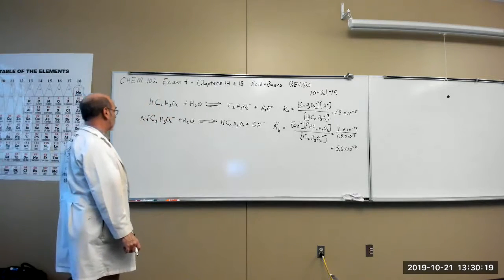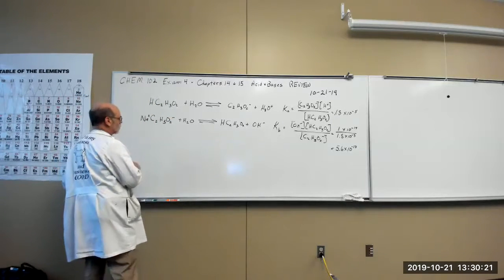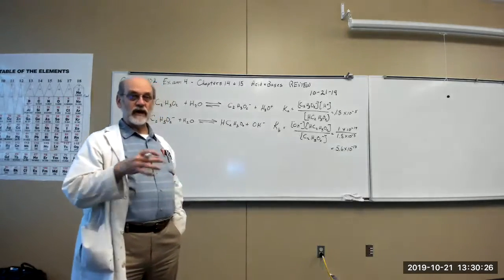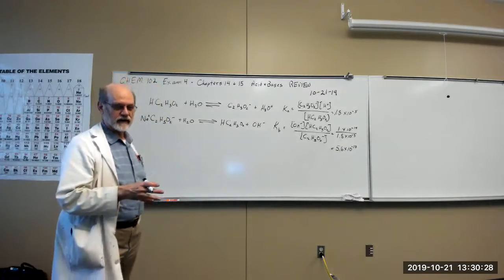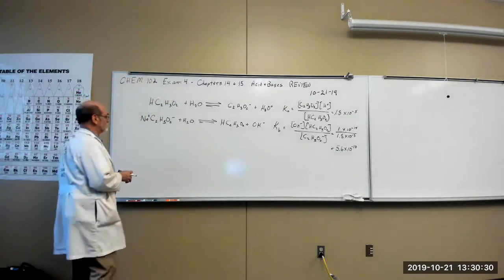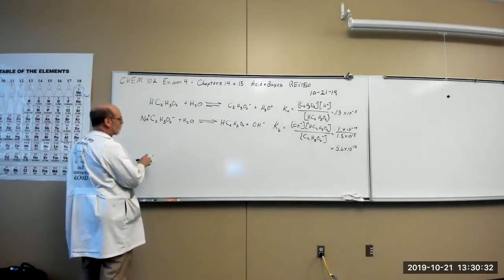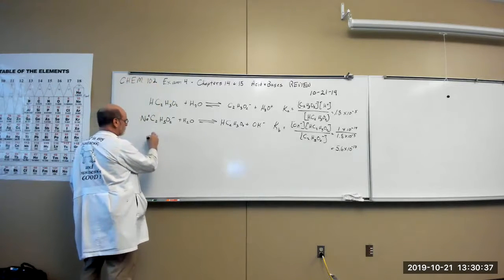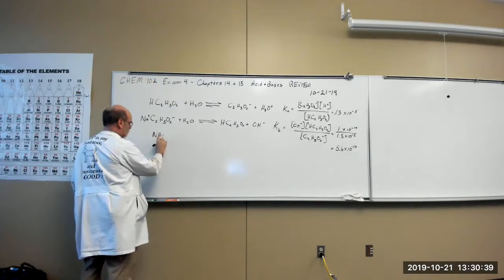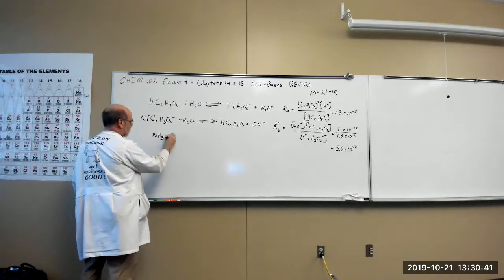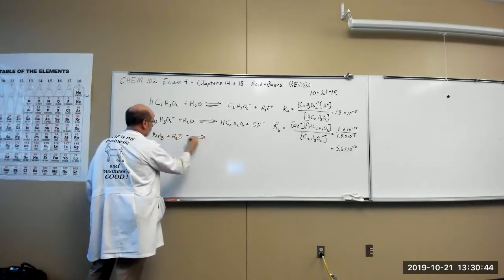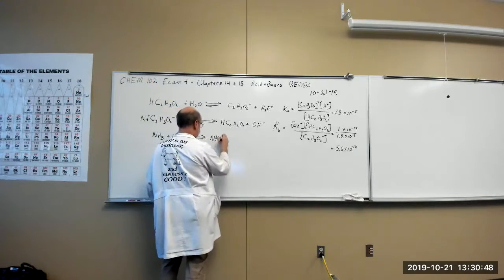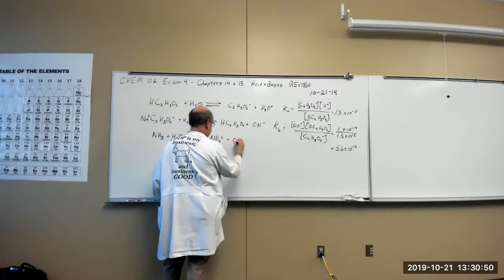One more example. Suppose when we react ammonia with water, we get the ammonium ion. Right? That's our conjugate acid. So in that case, we would have a Kb for the ammonia. Right.